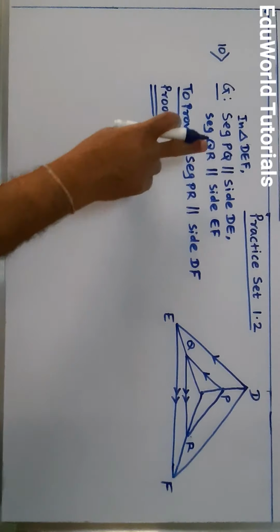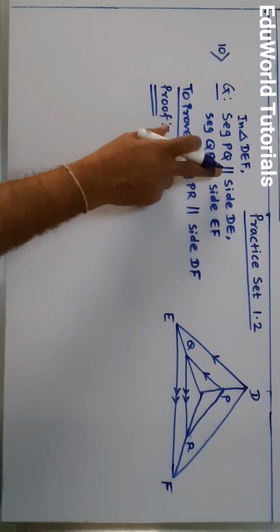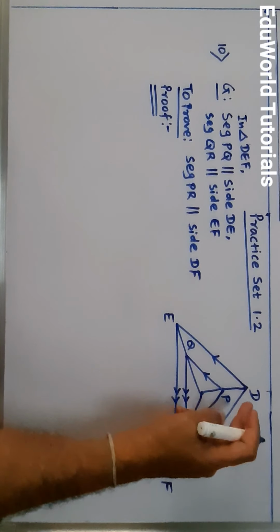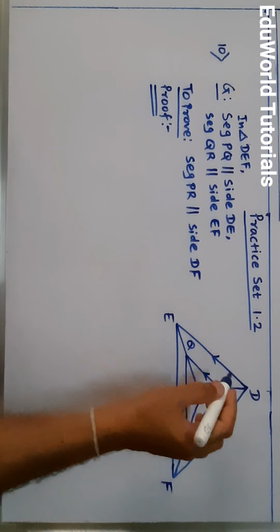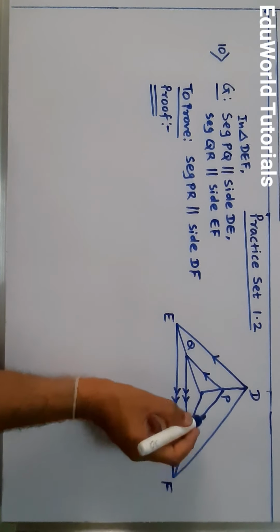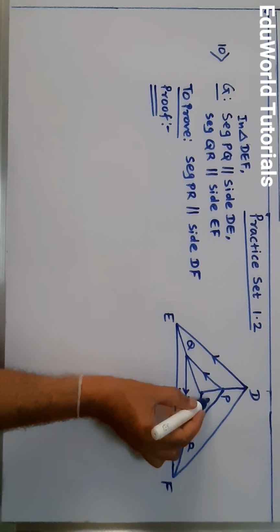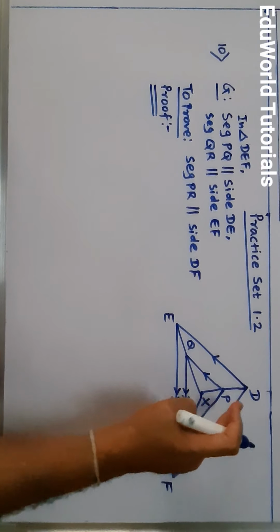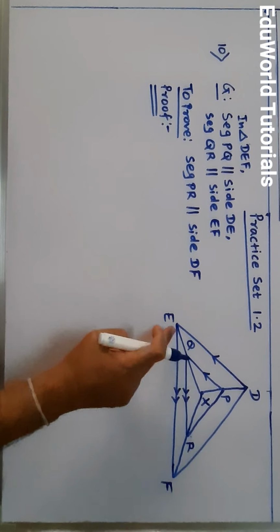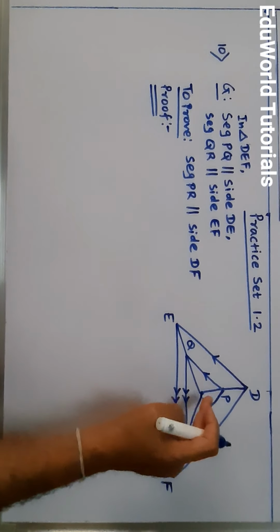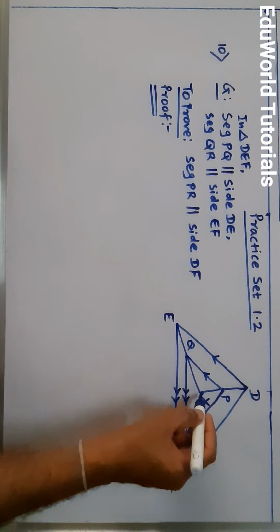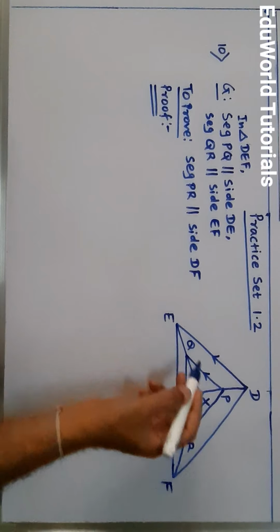The information given is seg PQ parallel to side DE in triangle DEF. I forgot to put a point. This is point X there. So just think about triangle DXE, and in this triangle you can see that point P and point Q are on sides XD and XE.